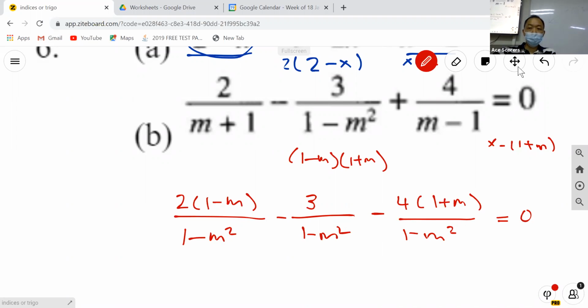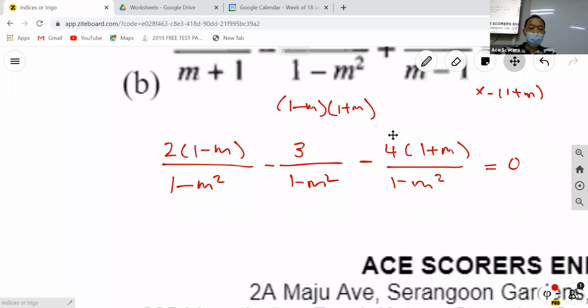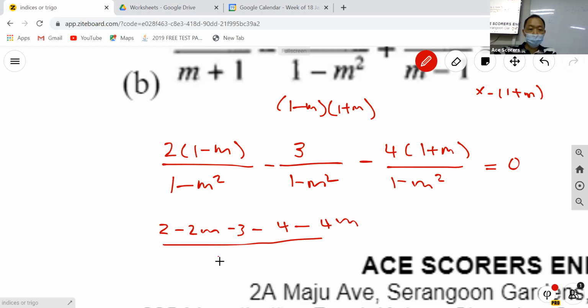And then you can combine everything, right? So the top now becomes 2 minus 2m minus 3 minus 4 minus 4m, over 1 take away m squared. This whole thing equal to 0.